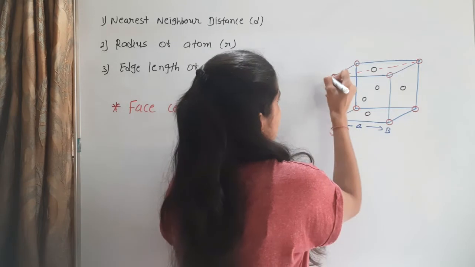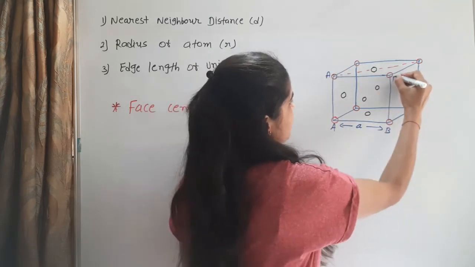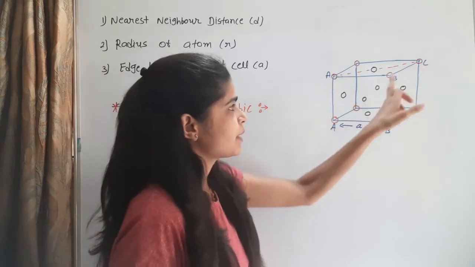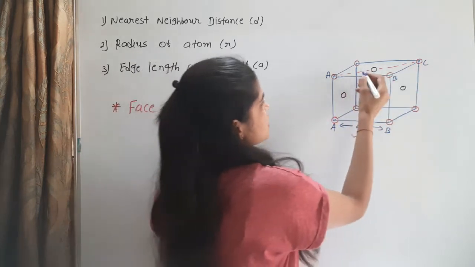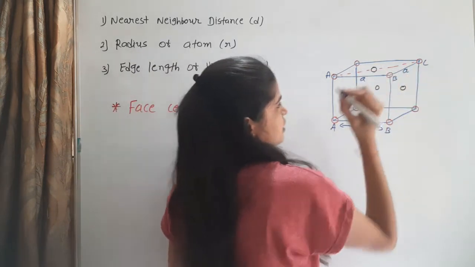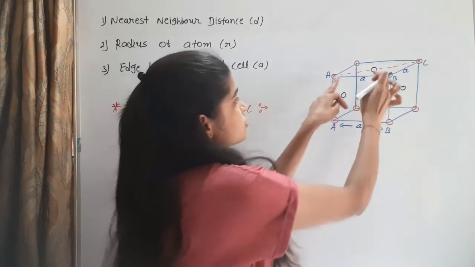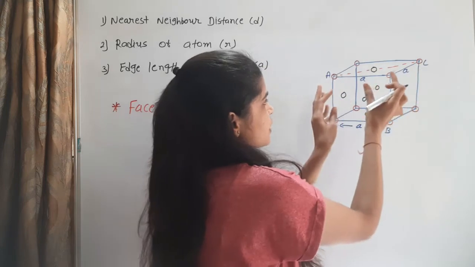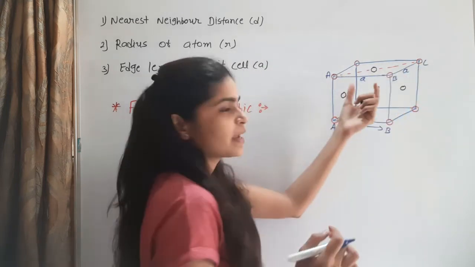First, number the atoms A, B and C, with edge length A. We find this distance or this distance. How? Take triangle ABC.